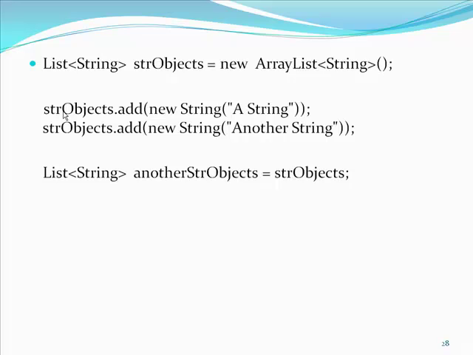Now consider the following. The above statement will lead to a compiler error telling that it cannot convert List<String> to List<Object>. Though String is a subclass of the Object class, this type of conversion is not possible in generics, but the following code compiles well.